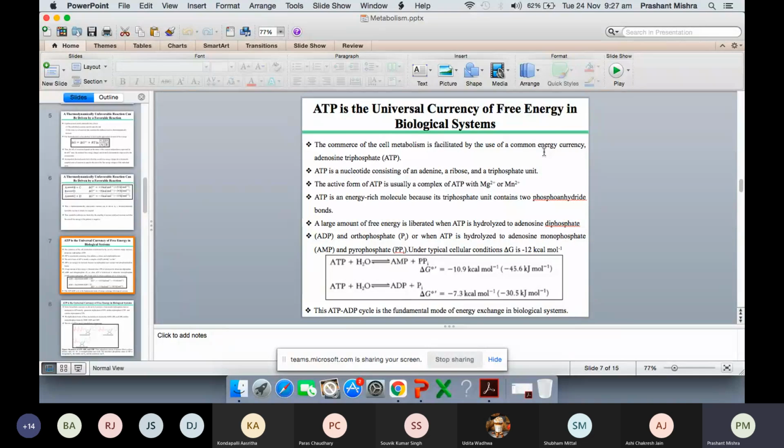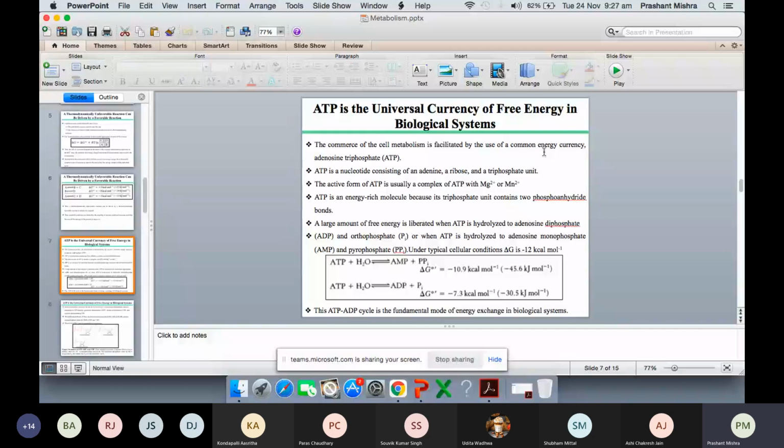Whenever we try to transact, what do you have? Rupees. You give rupees, you can buy something. So here ATP is the one which becomes a common energy currency. Whenever you have excess of energy, ATP will be synthesized, and this energy can be given freely to another reaction wherever it is required.